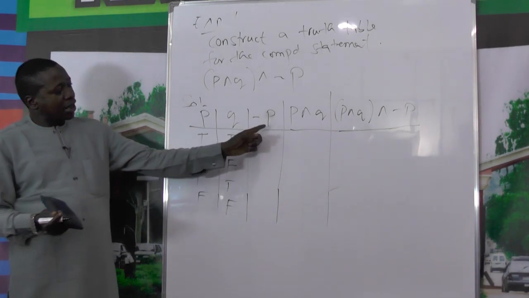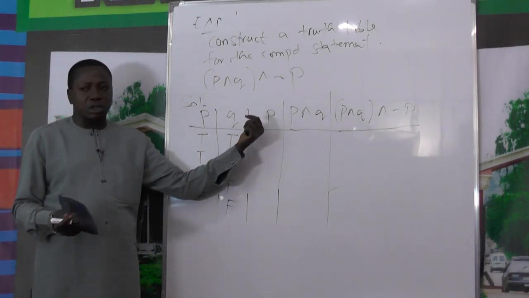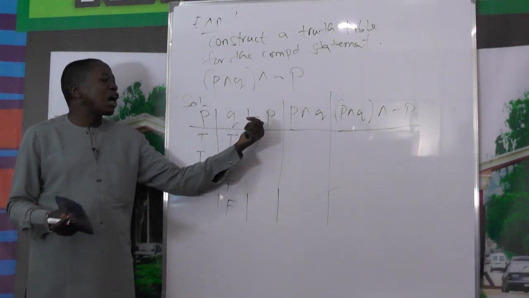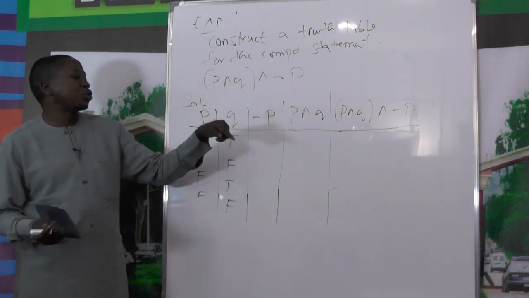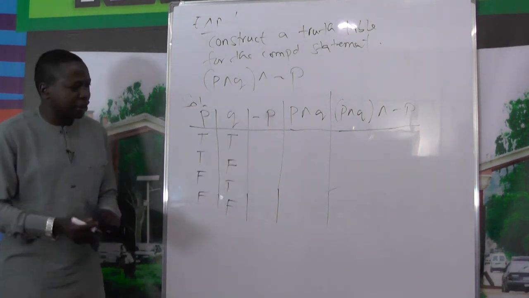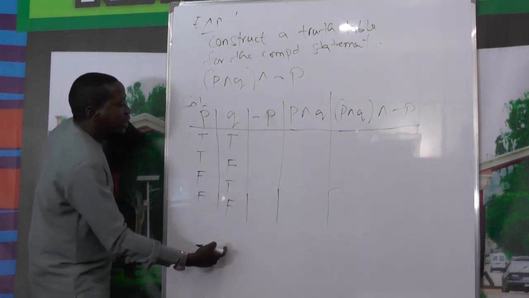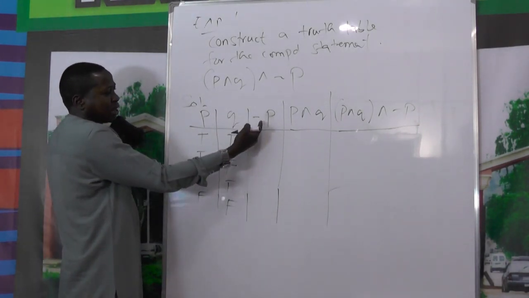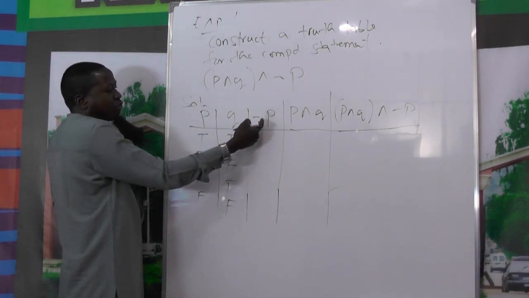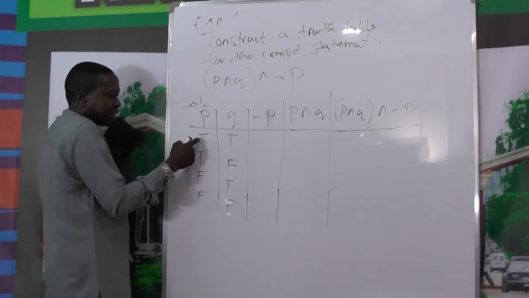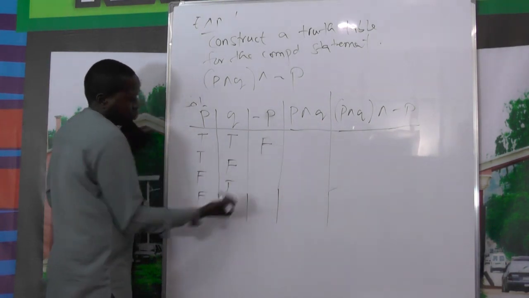Remember, I've explained the meaning of negation earlier. When you have T, it becomes false. When you have false, it becomes T. So now, since I'm dealing with P, nothing concerns me with Q. As you can see now, I am having negation of P. T here becomes false.